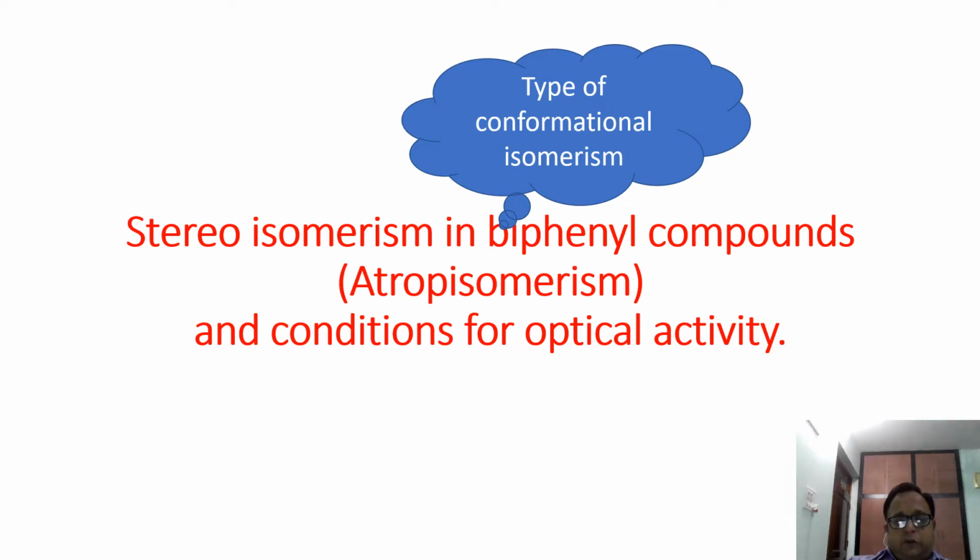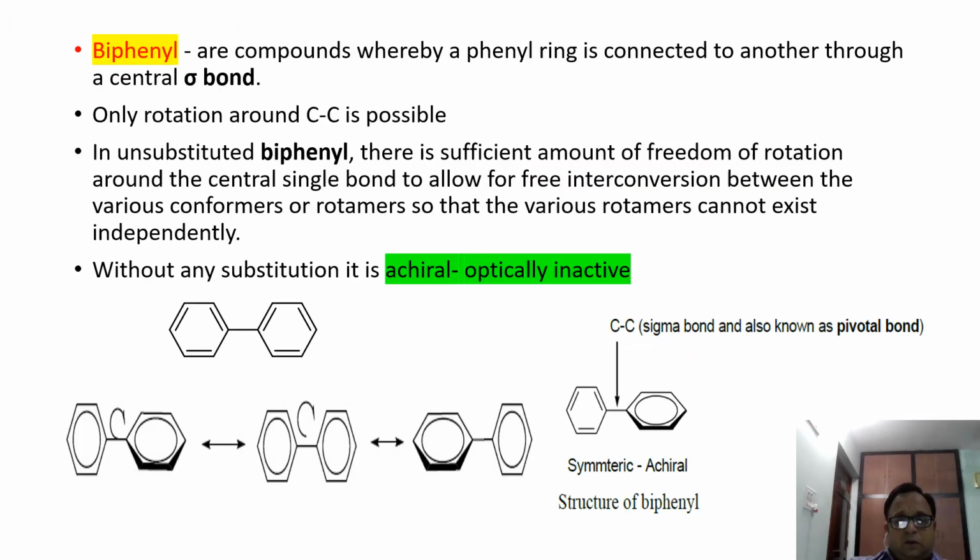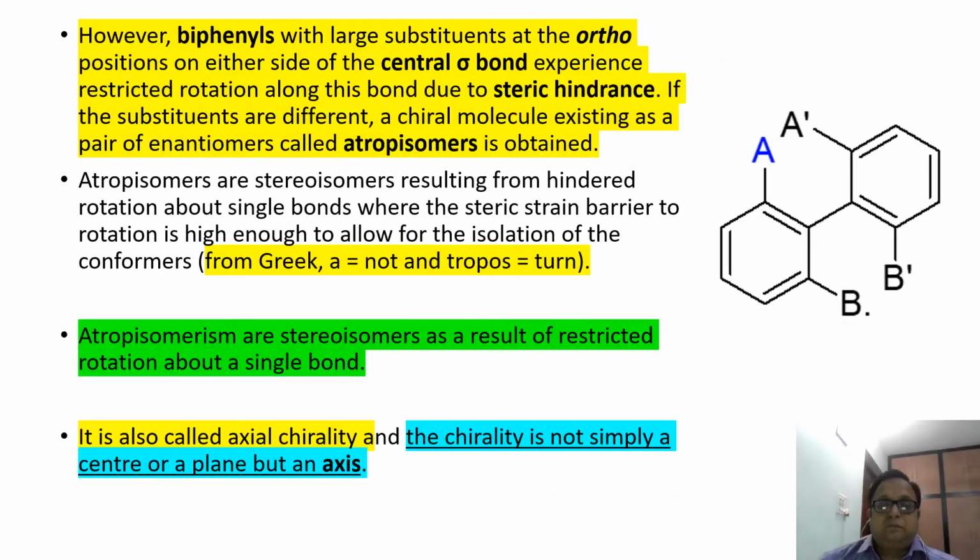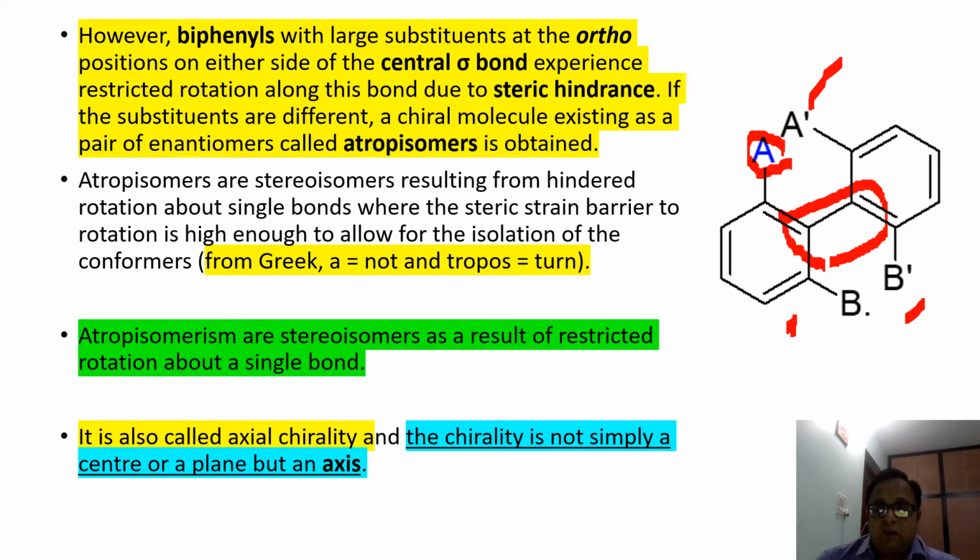Stereoisomerism in biphenyl compounds is a typical example of conformational isomerism. Biphenyl compounds are... now see what is happening. These bulky groups like A', B' are introduced around this carbon-carbon single bond at the ortho position of the biphenyl nucleus.